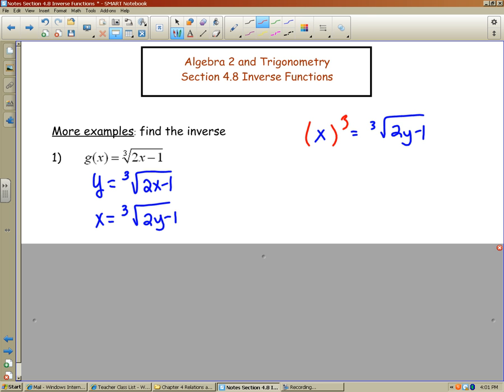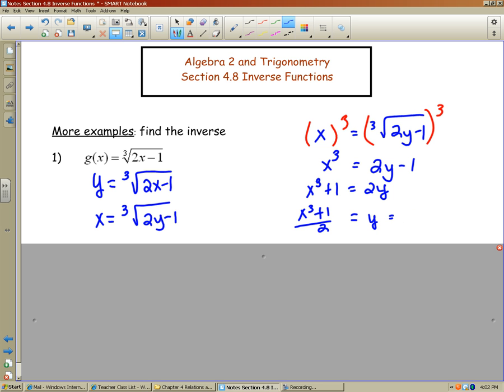So we'll cube this side, and we'll cube this side. So the cube root of something cubed is just the something. Remember, we're solving for y, so add 1 and divide by 2. And then remember, we just want to use the inverse function notation.